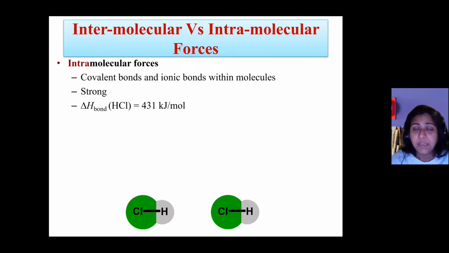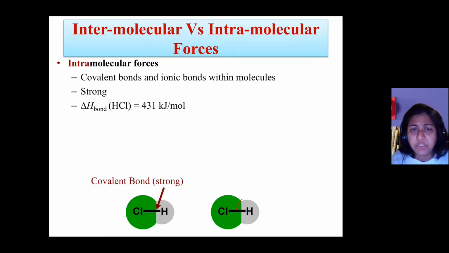As an example, when you look at this hydrochloric molecule, the intramolecular bond, you will find that inside the molecule, they are attaching the individual atoms together. So those types of forces are known as intramolecular forces. They are inside the molecule.